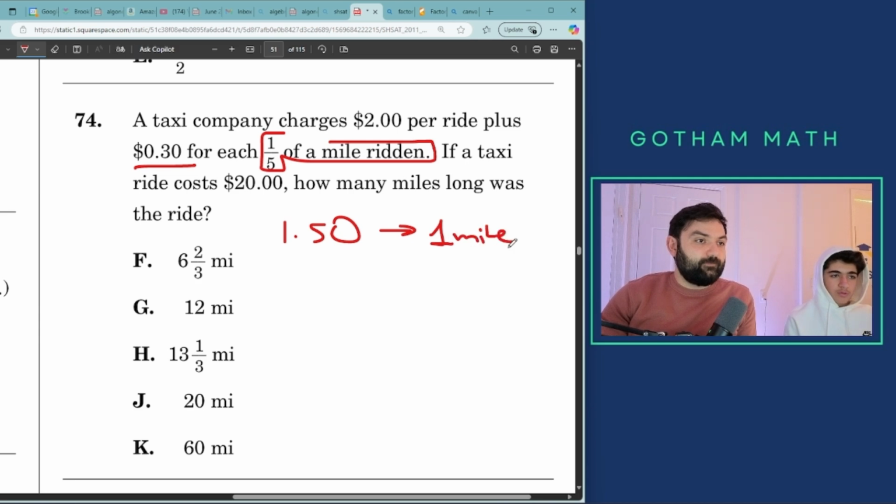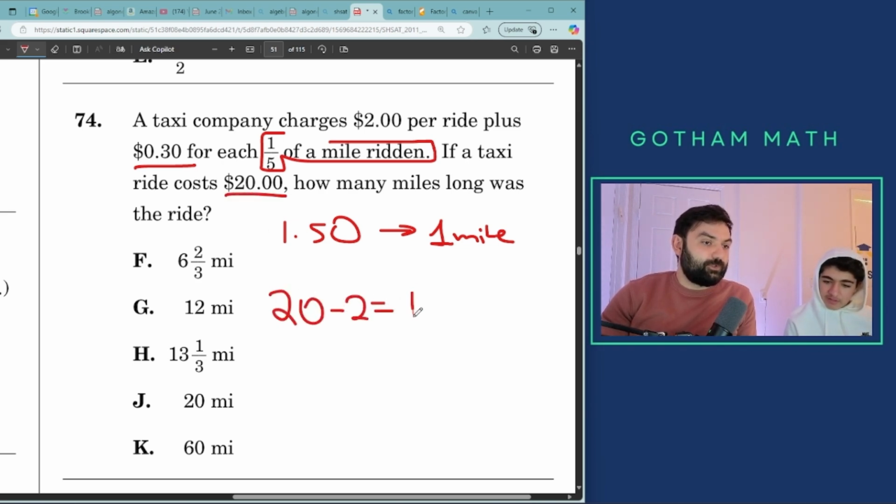for one mile. So you start with 2 per ride, so technically you subtract 2 from 20. That's 18, and then divide it by $1.50 to get how many miles it's going to be.